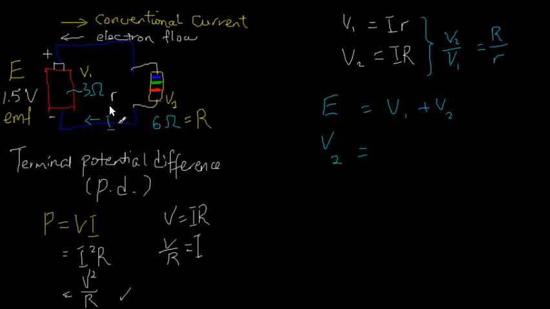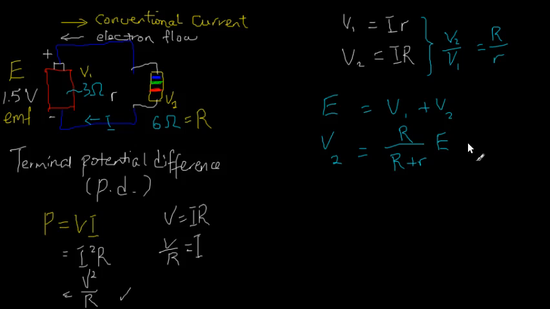I simply take, first, the sum of the two parts, the big R and the small r, and I take big R over this sum, and then I multiply by the total E. So this is essentially doing the same thing that I did in the last video, but I've just written it out in algebra.